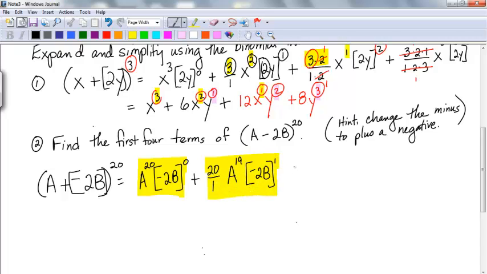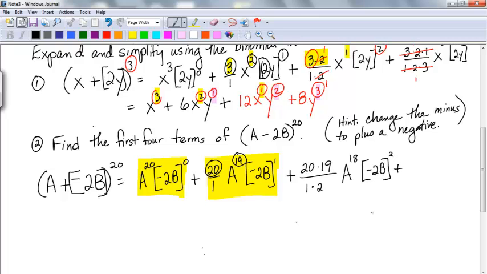We need 2 more. Okay, plus, to get the coefficient of the third term, you take this exponent times the number in front, so it'd be 20 times 19. And I always increase the number I'm multiplying by on the bottom by 1. 1 times 2. And then a to the 18th and negative 2b to the second.